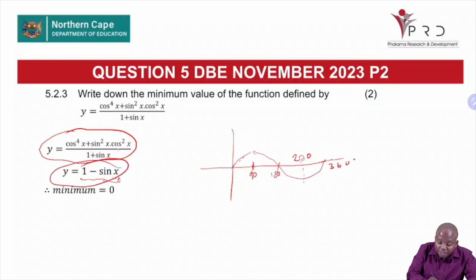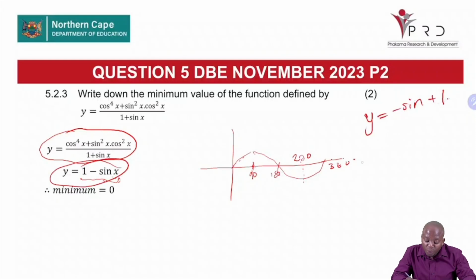When we rearrange this, we have something like y is equal to negative sin x plus 1. Right. So what does it mean now? The negative sin x means we have to reflect this about the x-axis. That means the new graph will go like this.